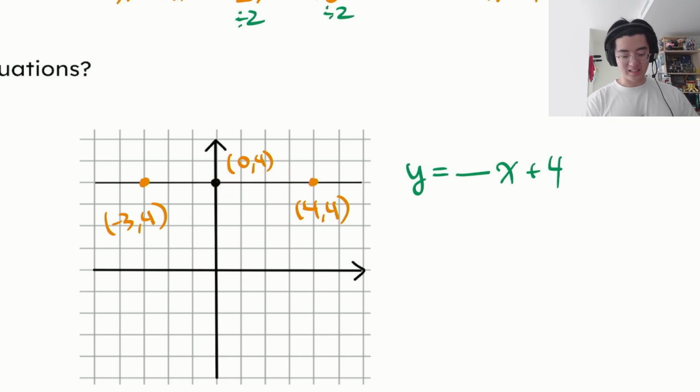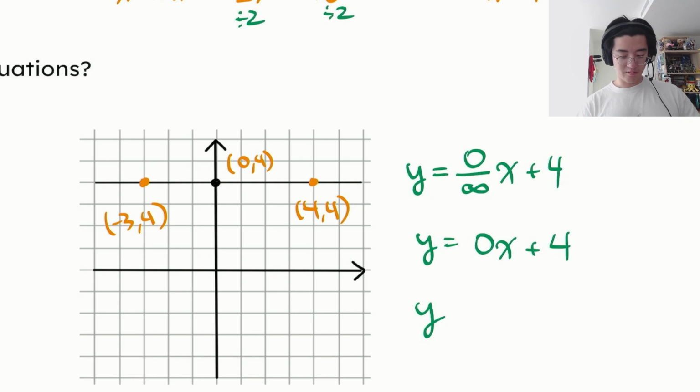There's no rise here. How about the run? Technically it goes infinite. Because no matter what point you pick, the rise is always 0. The y value never changes up or down. So that's why our slope here is just 0. Anything, 0 divided by anything is 0. So that's why y has to go to 4.